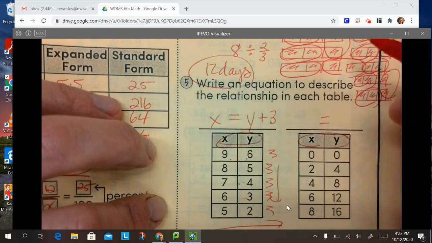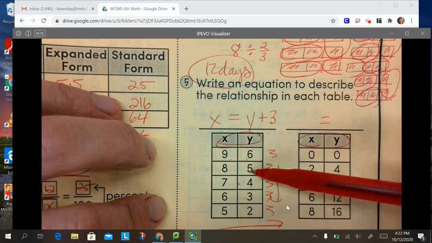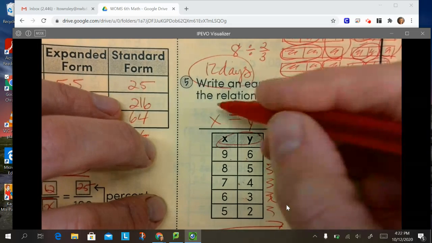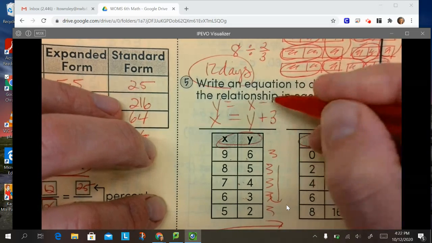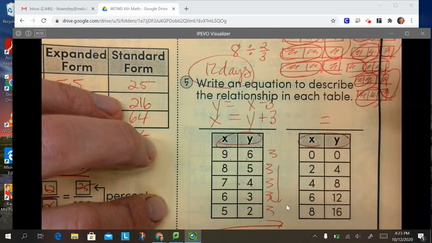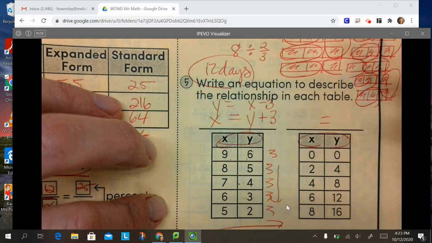Would that work? Whatever X is, it's Y plus 3. Or we could look at it like Y equals X minus 3. I think that would work also. Whatever Y is, it's X minus 3. That must be their key to relationship.